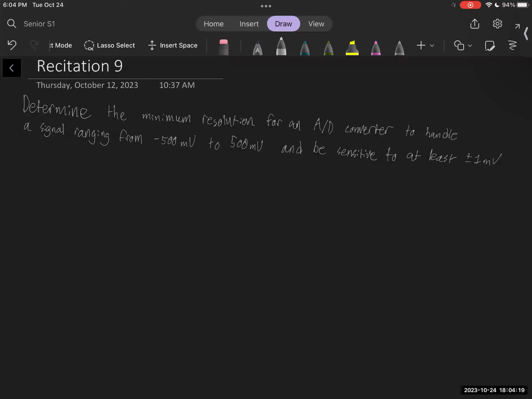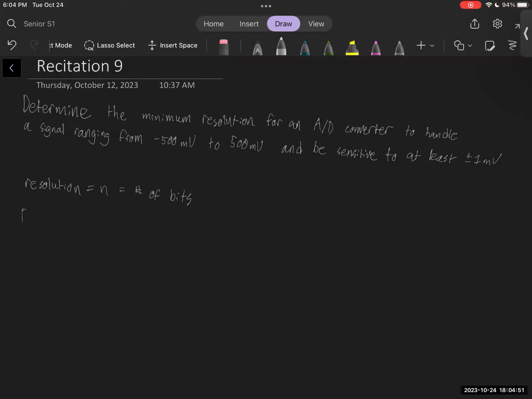All right. So we wanted to determine the minimum resolution. So our resolution in this case is going to be equal to n, which is equal to our number of bits. And we want it to handle a signal ranging from -500 to 500 millivolts.